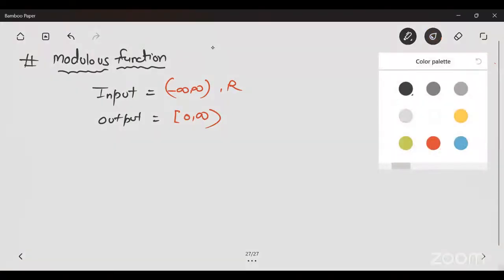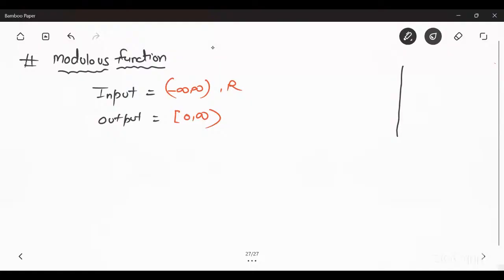And the graph of the modulus function is like that. That was your modulus function.